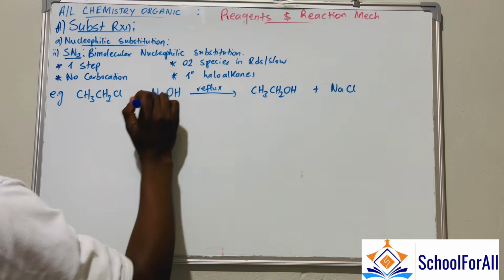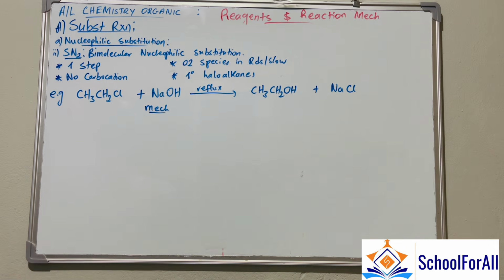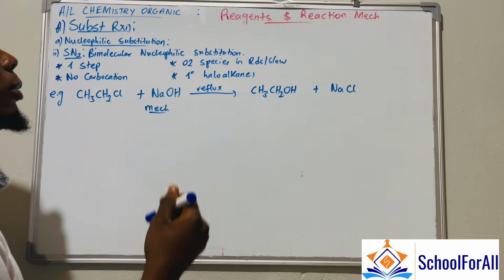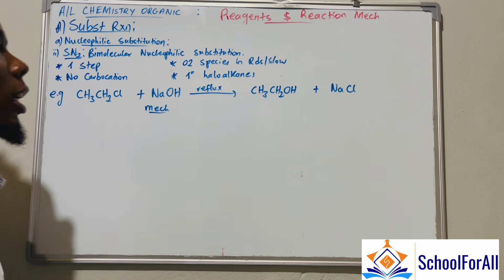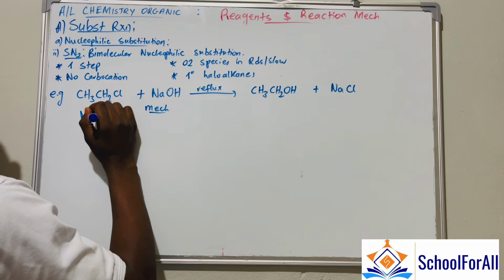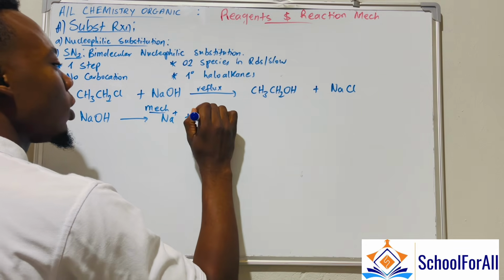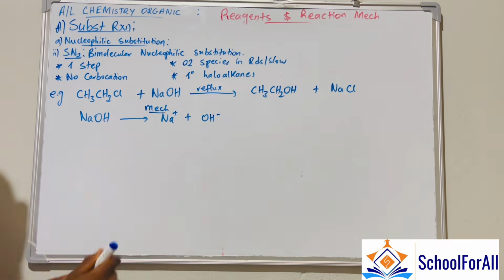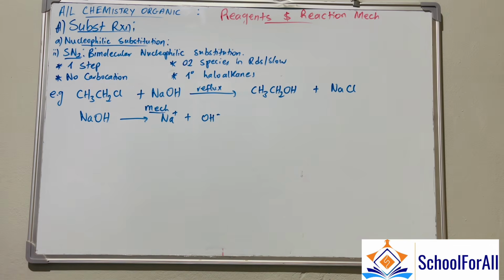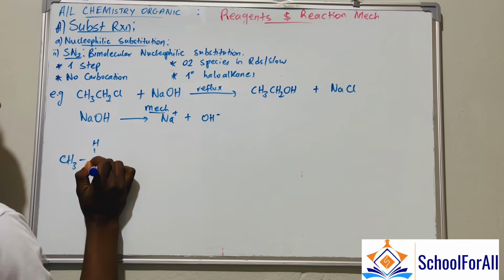Now, as usual, my mechanism involves a single step, and we have two species in the rate determining step. But as usual, I will first form my nucleophile. So I will dissociate this, forming my nucleophile.